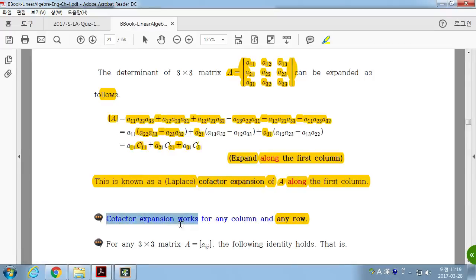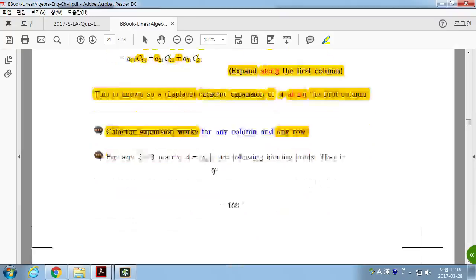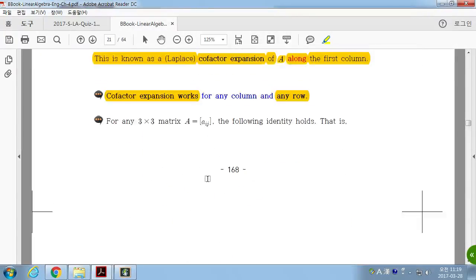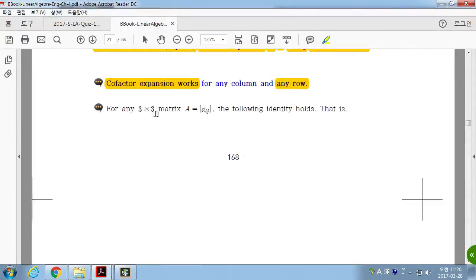Cofactor expansion works not only for the first column, but for the second column and also for the nth column. And this cofactor expansion also works for the rows, first, second, third, and everything. Okay. So this is a very good observation, and that can be simplified in here.